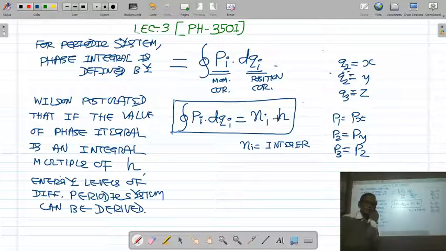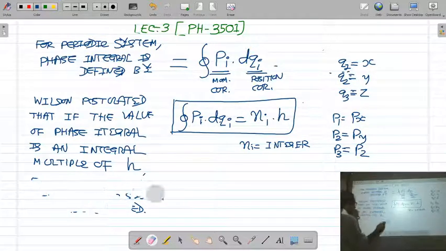You can also compute the elliptical orbit of the electron in a hydrogen atom, and you can derive Planck's radiation law from this phase integral. This is a well-known phase integral.